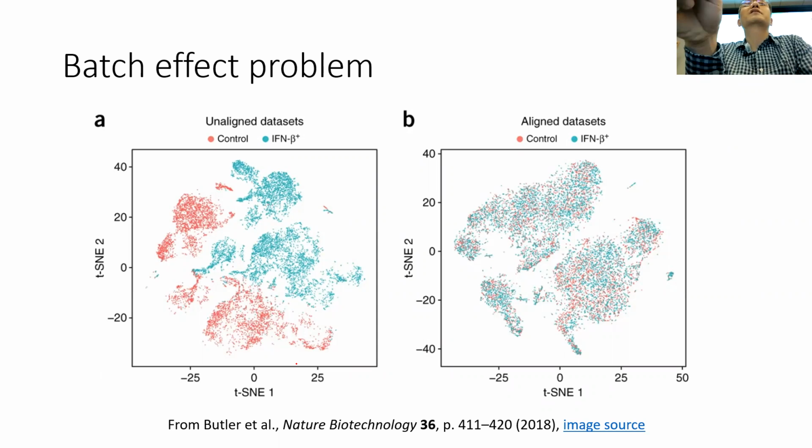The result of the correction is that you align your data sets and merge them. If you use unaligned data sets when you do the differential expression analysis, a majority of the genes may be differentially expressed, thousands of them.